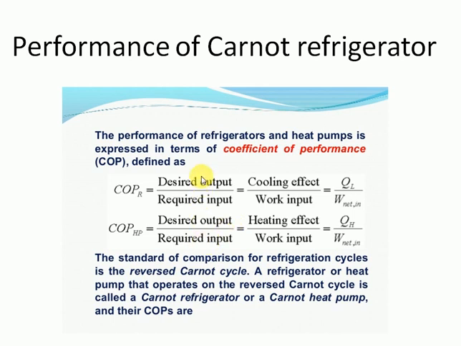The formula for the refrigerator and for the heat pump is the same, but only the numerator is different. In case of a refrigerator, the numerator is the cooling effect, that is the desired effect, and in case of a heat pump, the heating effect is the desired effect. So that is QL divided by W net, and for the coefficient of performance of a heat pump, QH divided by W net.